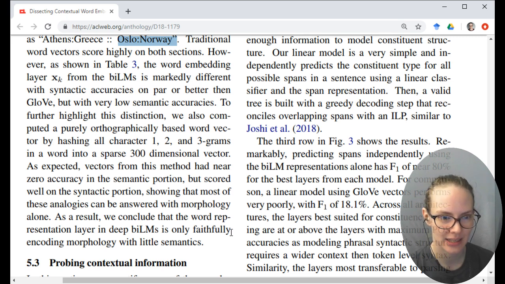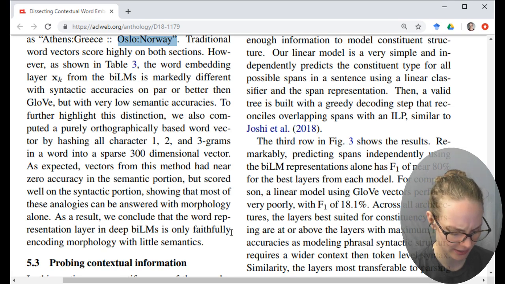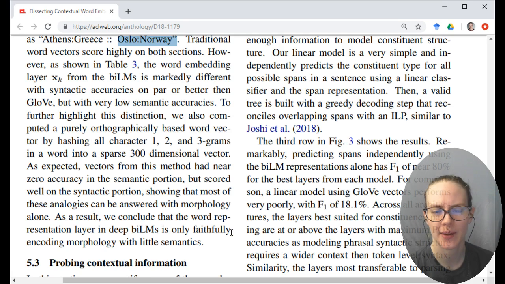I would like to see how this would work on a language like Turkish or Hebrew or a Semitic language, and I'm pretty sure Arabic has templatic morphology as well.